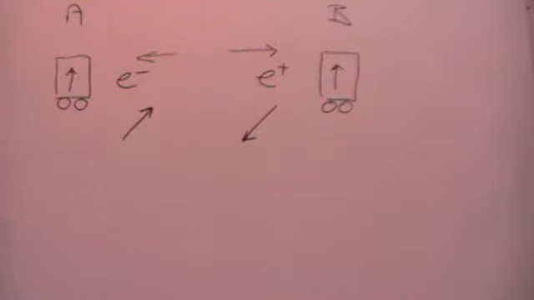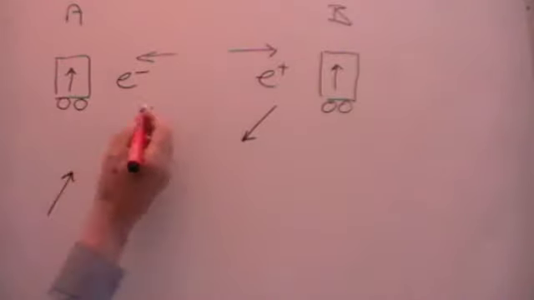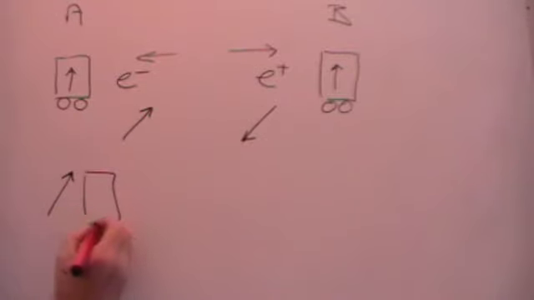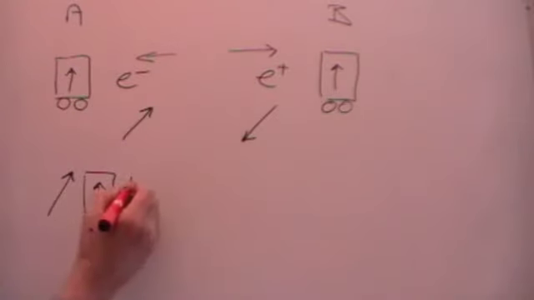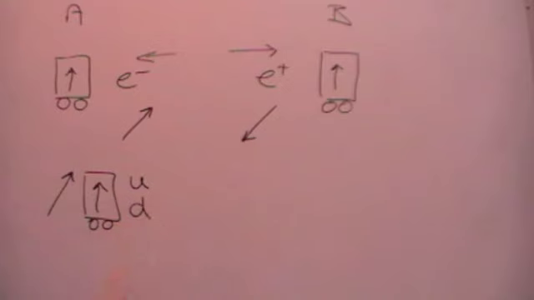Now you know enough from the video we did on electron spin to know that if you take an electron with a spin like this and you put it through our device, then there is a probability that you will get an up, but there's also a probability that you'll get a down.